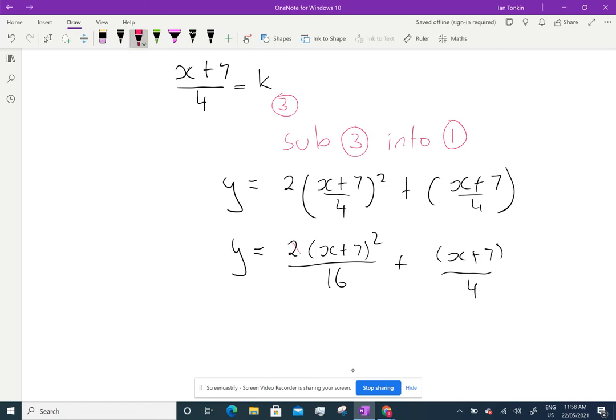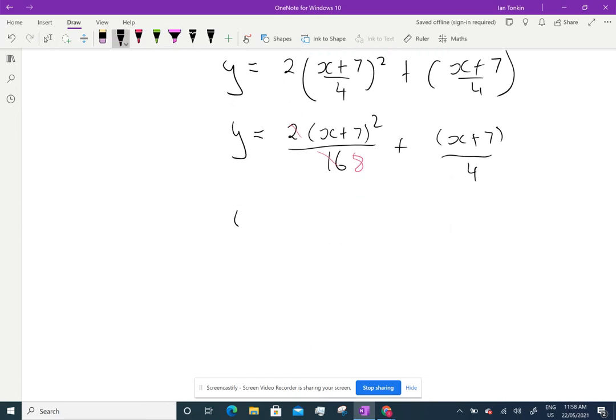This is going to cancel, so I'm going to get 8 on the bottom. So what I'm going to do is multiply everything by 8, which is going to give me 8y. I'm now going to expand this x plus 7 all squared. By the way, the 8 is gone now because I multiplied everything by 8.